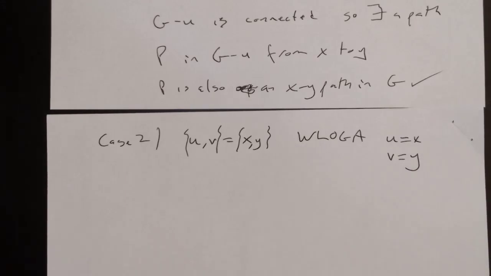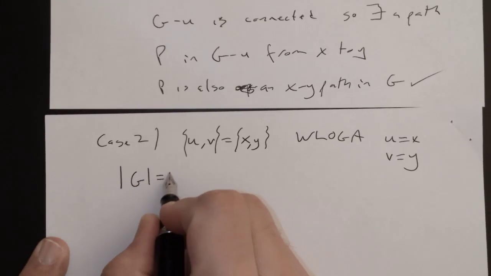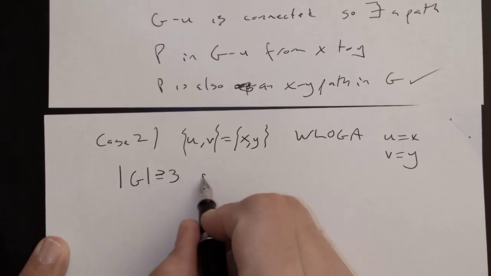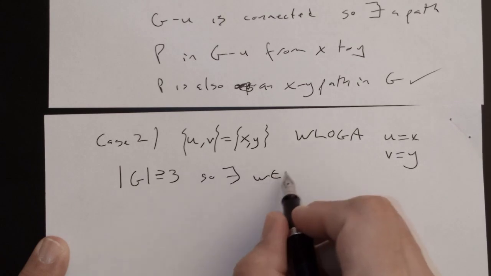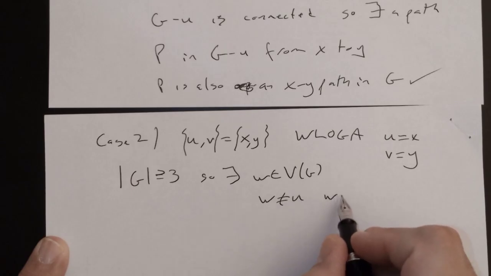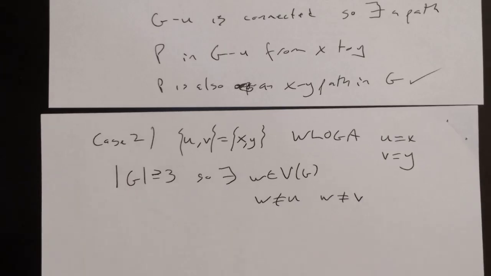Hey, wait a minute. The graph is of order at least 3. That means there's another vertex somewhere around here. Let's give it a name, W. The order of G is at least 3, so there exists W in the vertex set of G, W not equal to U, W not equal to V. Hey, wait a minute.